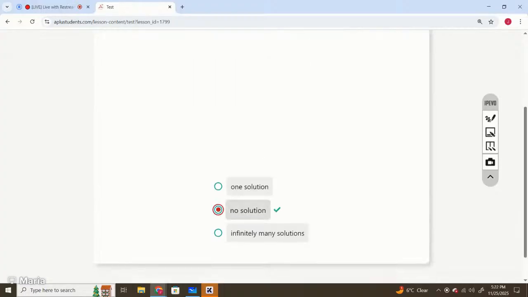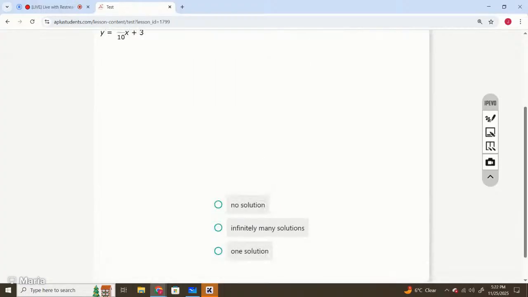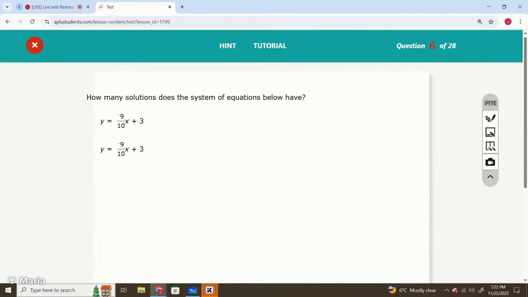So same slope and different y-intercept means no solution. y equals negative 9 by 10x plus 3 and y equals negative 9 by 10x plus 3.